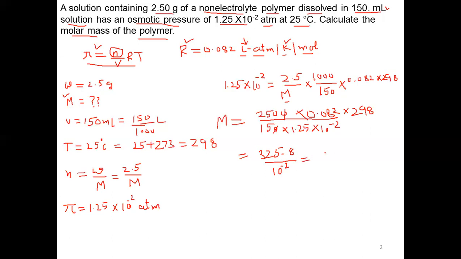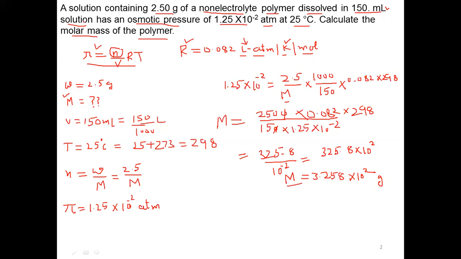So we can write it as 325.8 into 10 raised to the power 2. If it goes up, it will become 10 raised to the power 2. It can further be written in this form: 3.258 into 10 raised to the power 2, and the unit is gram. So this is the molecular weight of the solute.